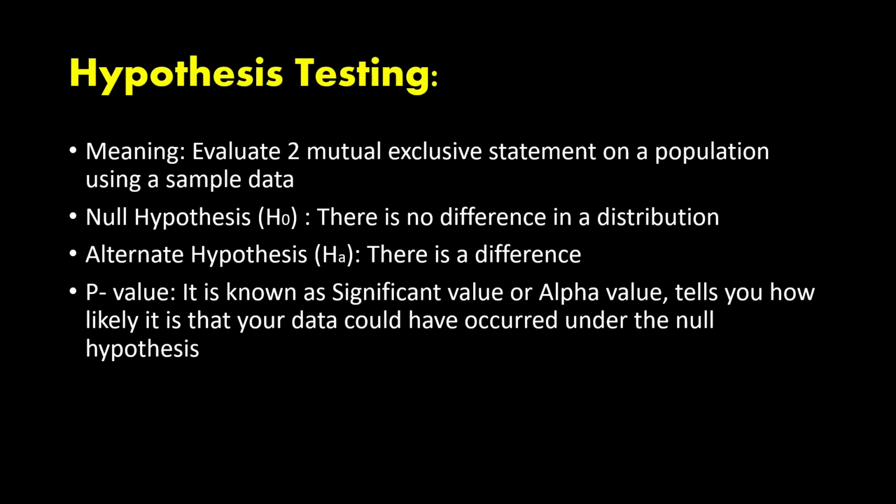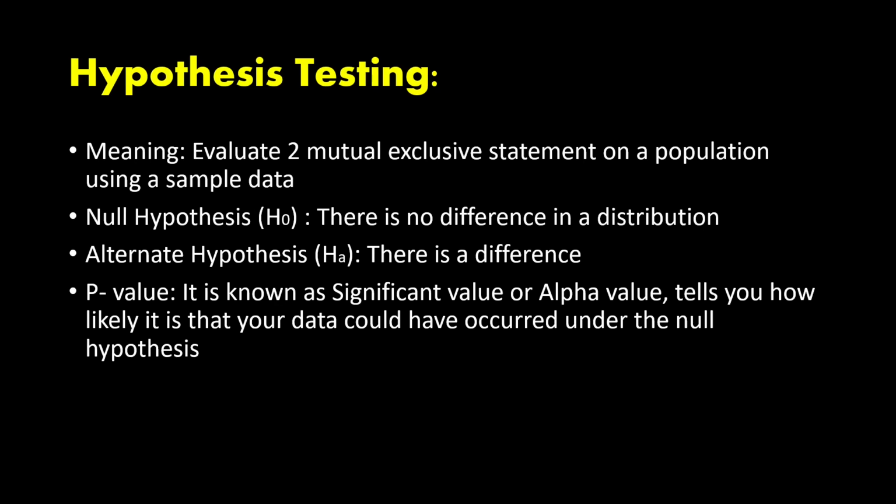The alternate hypothesis says there is a difference, which means we are arguing that the existing statement is not right. It is totally different.